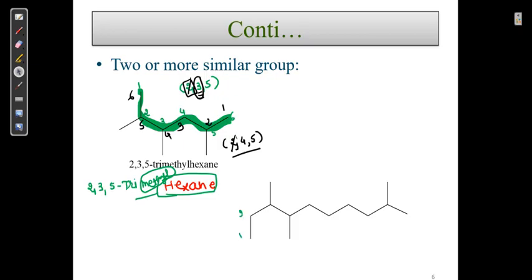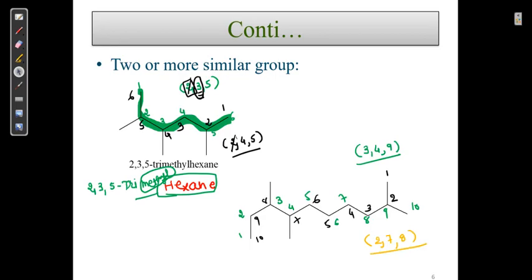1, 2, 3, 4, 5, 6, 7, 8, 9 and 10. Another possibility is 1, 2, 3, 4, 5, 6, 7, 8, 9 and 10. Now if you go through the green color, there is a 3, 4 and 9. And if you go to the yellow color, 2, 7 and 8.